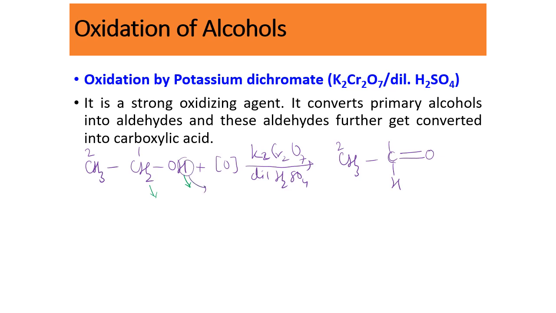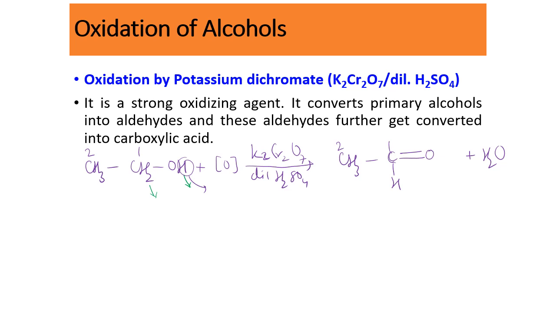And for the sake of balancing, we put H2O. This is a very interesting reaction with very detailed mechanism and all. However, in this discussion, we are just looking at the reactions, and maybe when time permits, we will have one small video on the mechanism of oxidation of alcohols.